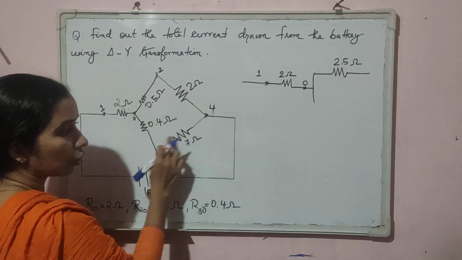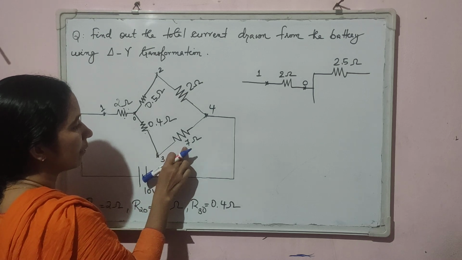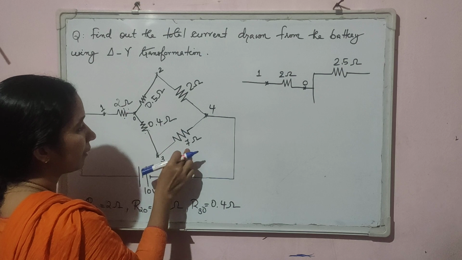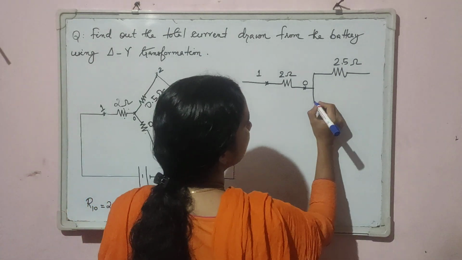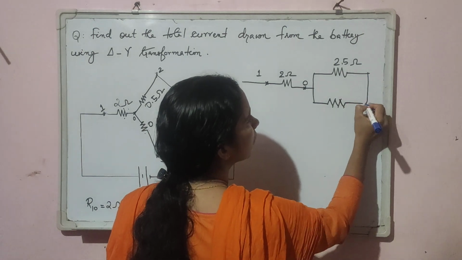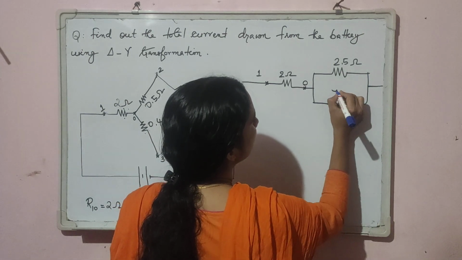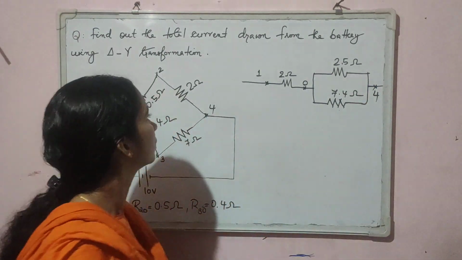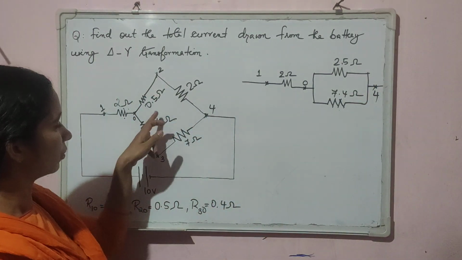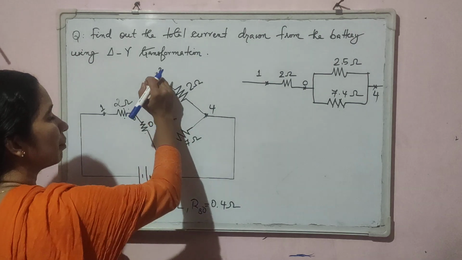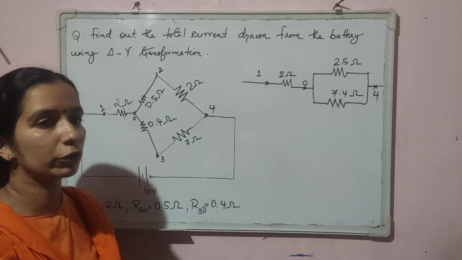In the lower branch also the 7 ohm is in series with this 0.4 ohm resistor. So 7 plus 0.4, 7.4 ohm. Okay, this is terminal 4. These two are in series, these two are in series. Then this upper branch is in parallel with this lower branch.